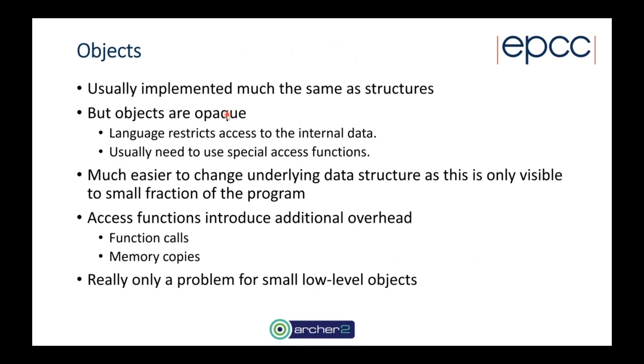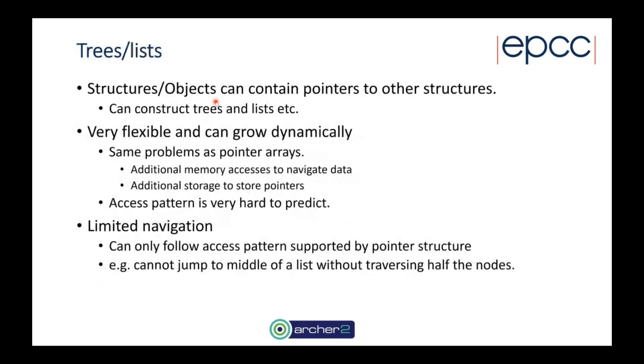The only thing we would say generally with objects is that if you have very low level get and set methods, functions for accessing individual data elements of your array, and that's used inside your kernel, then it's likely to be impacting your performance, and you may need to abstract your object a little bit to a higher level, and maybe have a function which says, give me this array, and then you can work on the array, rather than saying, give me element 10 of this array, give me element 12 of this array. So those are kind of things to think about.